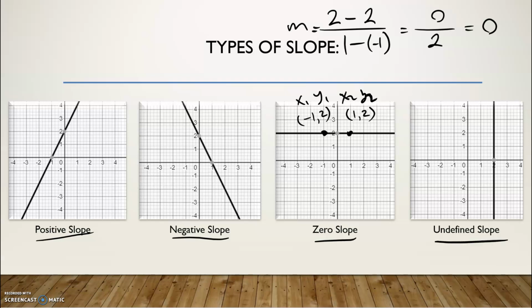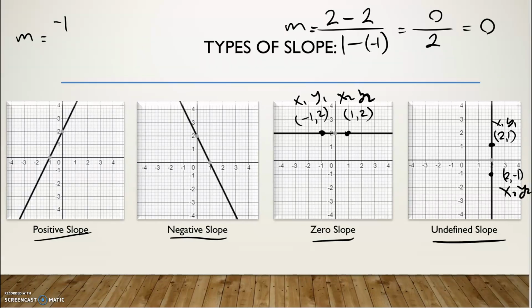Now an undefined slope, let's take a look at this point and this point. So this would be 2, 1. This would be 2, negative 1. So the slope for this one would be, we'll say that this is x sub 1, y sub 1, x sub 2, y sub 2.